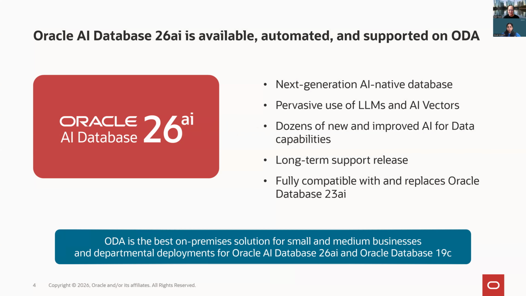Compared to 19c, it has hundreds of new features, but most importantly, it includes many new AI features, such as use of LLMs and AI vector search, and basically embedding a lot of AI capabilities in the database. And also very important, this is our next long-term support release from Oracle. So pretty much every 19c customer today will have to migrate to 26AI sooner or later, okay?